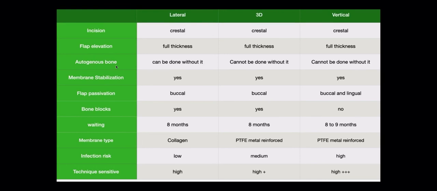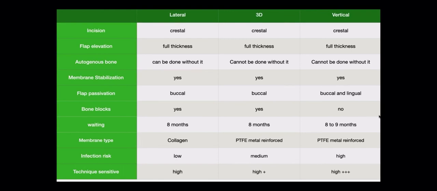The autogenous bone, we can do lateral bone regeneration without using autogenous bone, but we must use autogenous bone whenever we have to do 3D and vertical bone regeneration. We have to stabilize the membrane in all the 3 techniques.